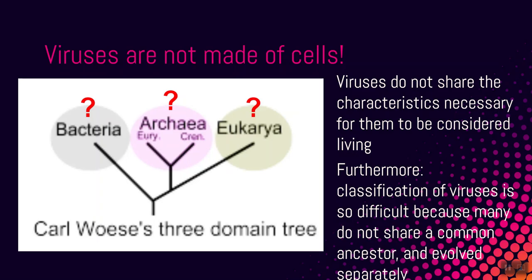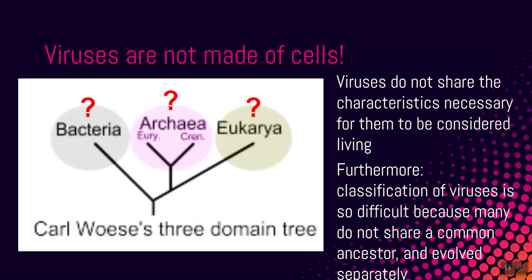They do not share the characteristics that are necessary for them to be considered living things. So that's actually a huge debate in science on whether viruses are alive or not. And if you go by cell theory and how you categorize what is living versus non-living, viruses in that sense are not considered living things.